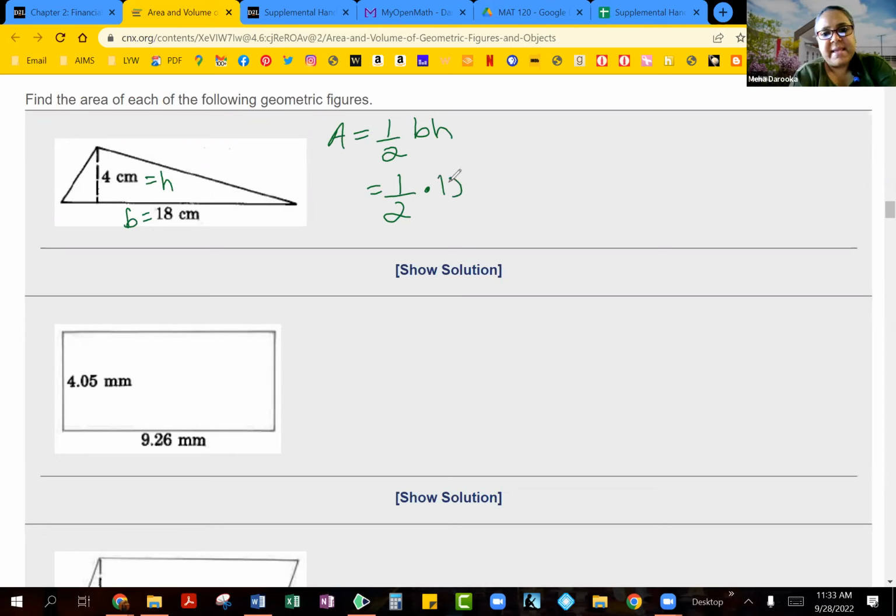So that's going to be 18 times 4. And then remember, you are doing centimeter times centimeter. So that means you should come up with square centimeters or centimeters squared as your unit for this area over here. So can you tell me what our answer comes out to be?